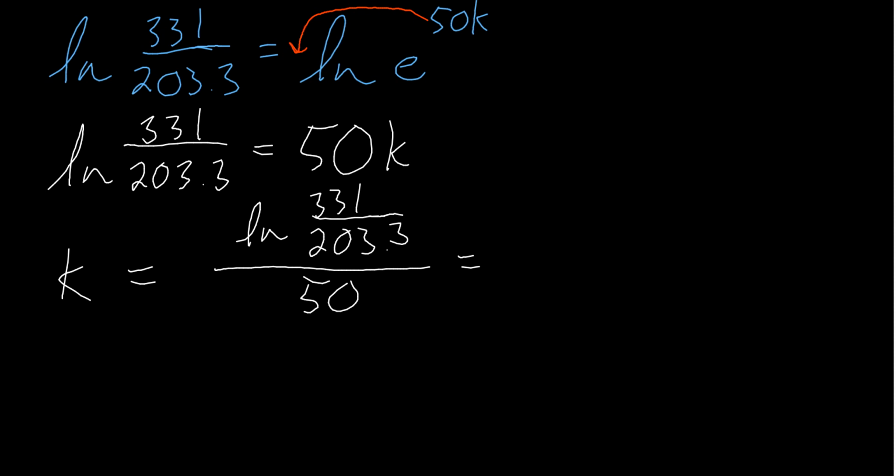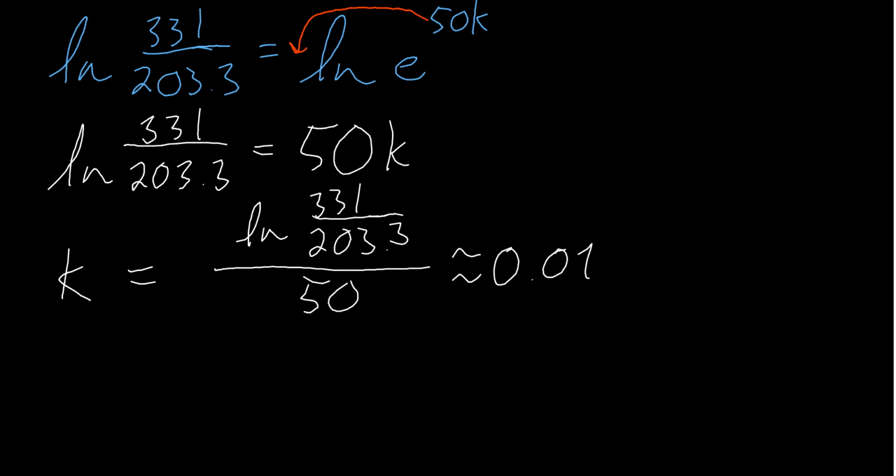So I'm going to get approximately 0.0, and it's 0.97. So we're just going to go to 0.01. So K is 0.01.